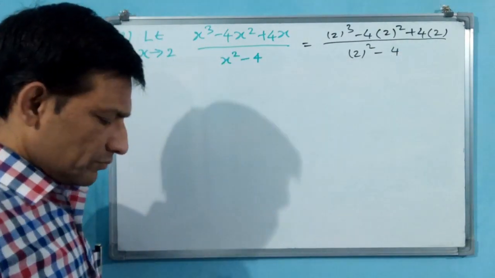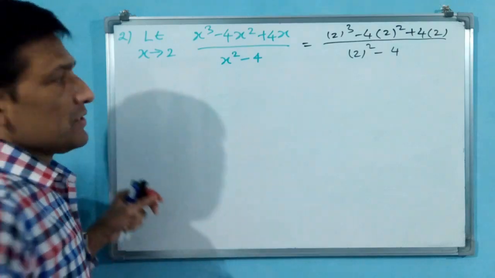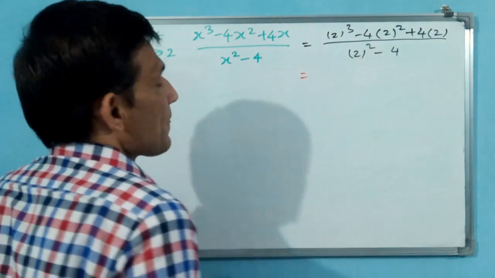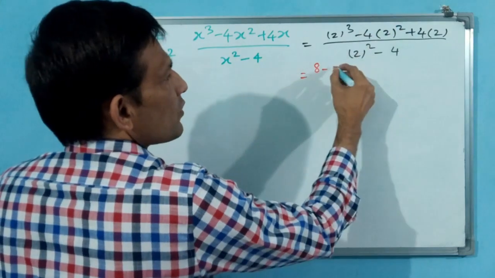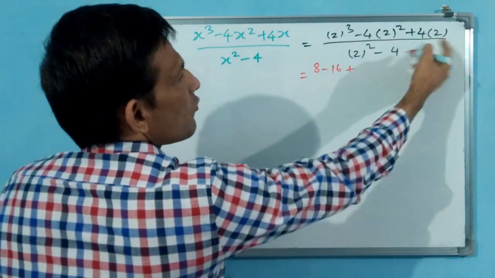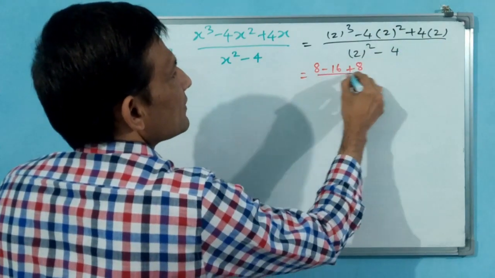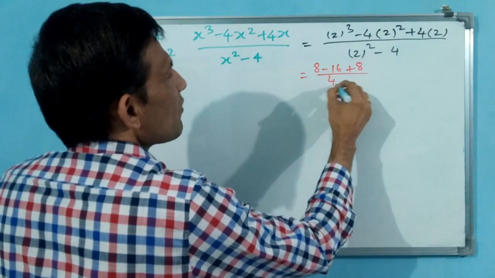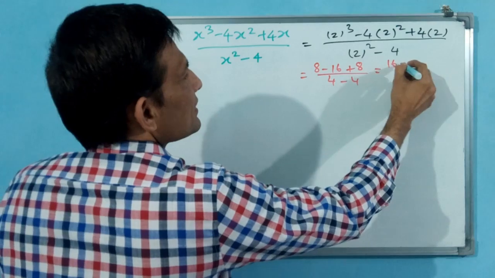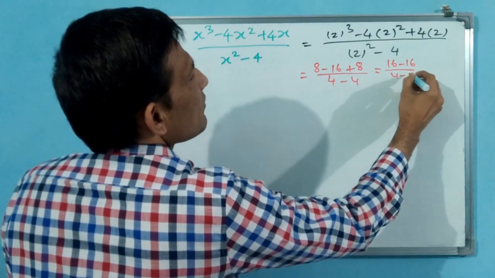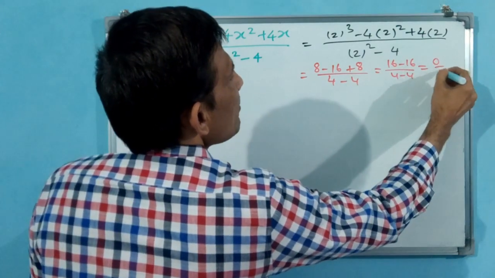See what will happen. 2 cube is 8, minus 4 into 4 is 16, plus 4 into 2 is 8, divided by 2 square 4 minus 4. That is equal to 8 minus 16 plus 8 by 4 minus 4, that is equal to 0 by 0.